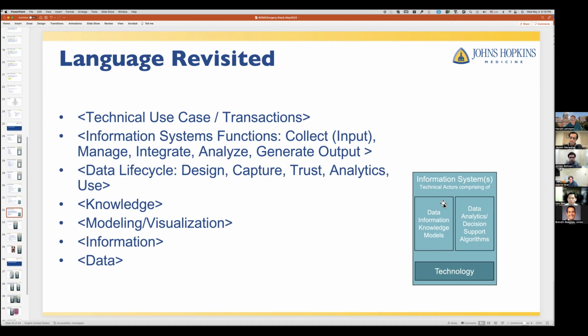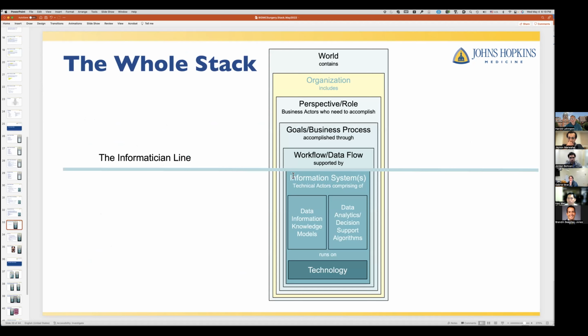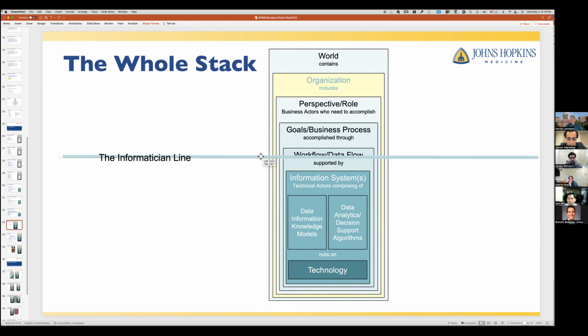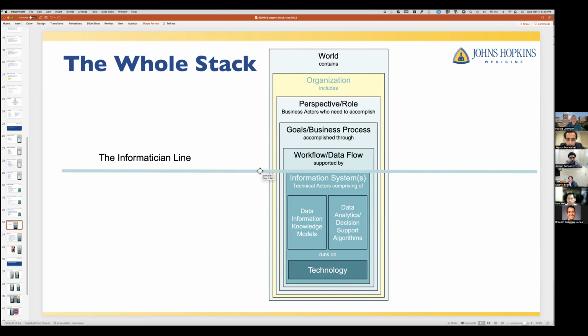The information system has the much lower-level tasks that need to be performed. I always envision a line that separates the top of the stack from the bottom of the stack. The line really is kind of over here, because one could argue that the workflow is how you accomplish this.